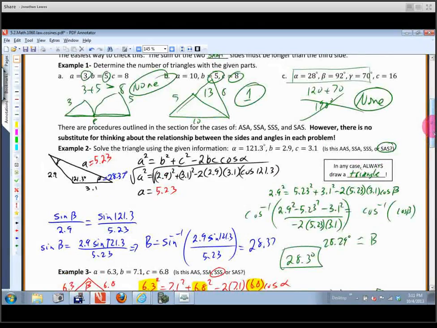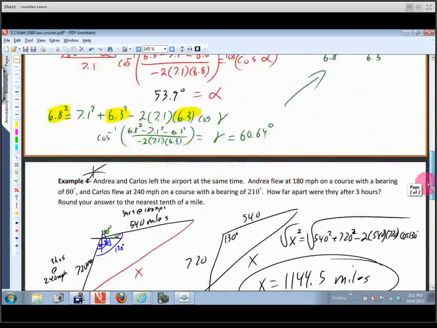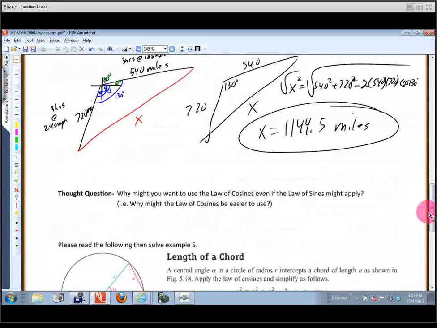And the other thing is, when we're finding angles, remember, when you use the sine inverse, it only has a range from negative 90 to 90. And negative angles certainly wouldn't work on a triangle. So really, the only effective angles that we could use with sine inverse would be from 0 to 90, the acute angles. But the law of cosines, if you're trying to find an angle, will give you the angle even if it's obtuse.